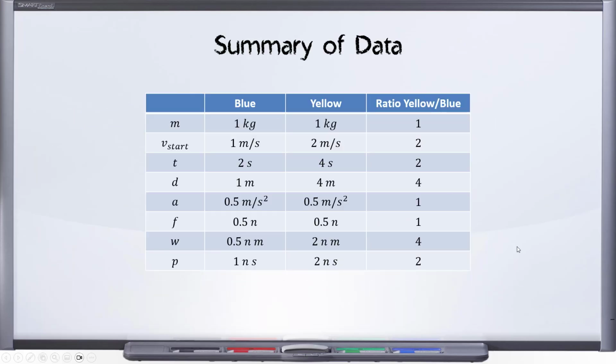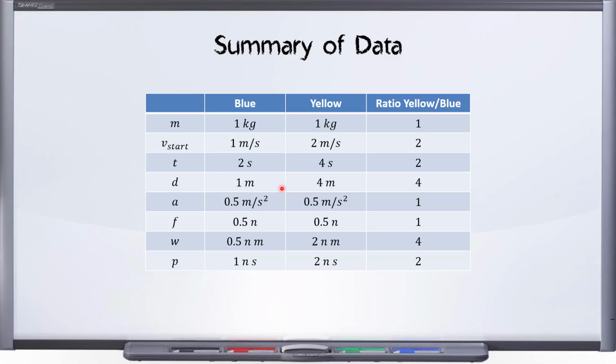Cool. Let's summarize in a big old table here. Here's all the data that we looked at for these two examples in our thought experiment. We have the same mass for both shots. We have 2 times the velocity, and that led to the object taking twice as long to come to a stop.